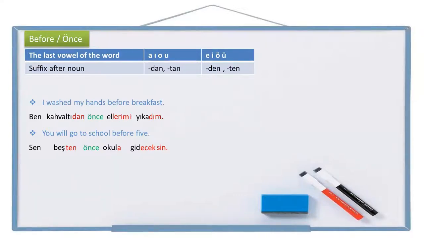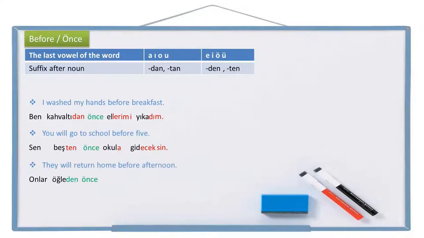Alright. Let's make one more. They will return home before afternoon. Let's write the person pronoun first. They, onlar. Before afternoon, change the places. Afternoon, öğle. Before, önce. I need a suffix between them. Öğleden önce. Before afternoon.